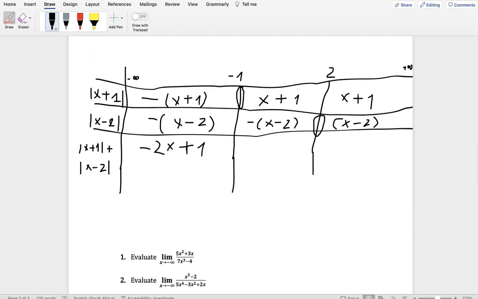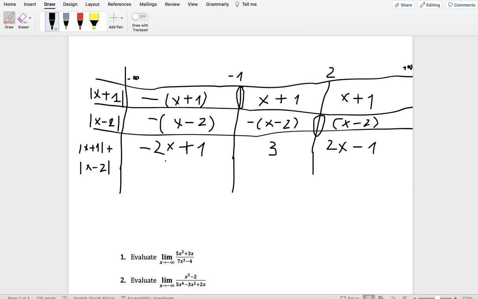And then here we have x minus x, which is 0, and 1 minus minus 2, which is 1 plus 2, which is 3. And then x plus x, that's 2x, 1 minus 2, that's minus 1.